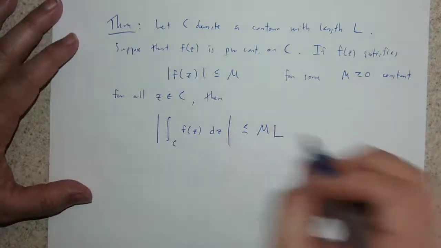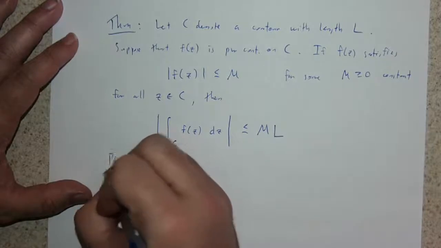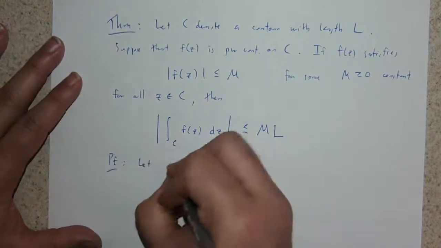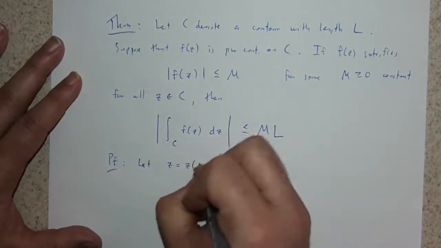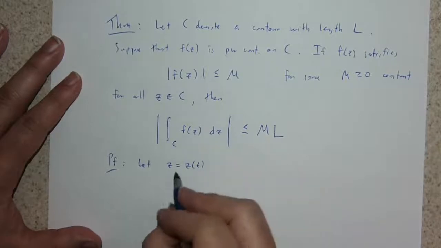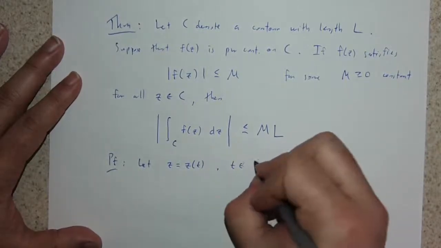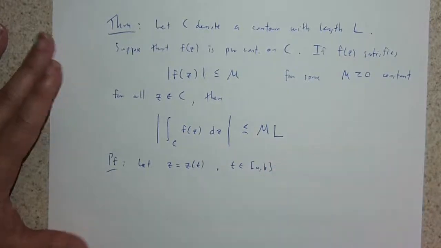So this is our big fact. Now, let's prove this using that lemma. Let z be the parametric representation of C. So z is z of t, t is in the closed interval a to b.